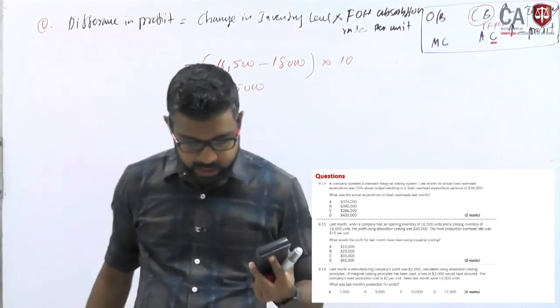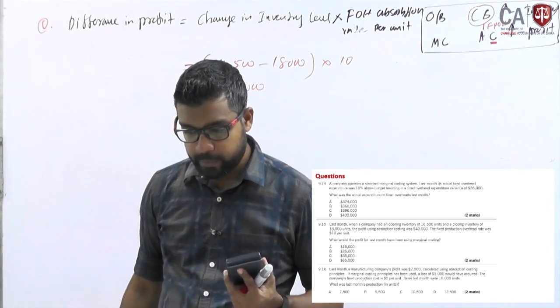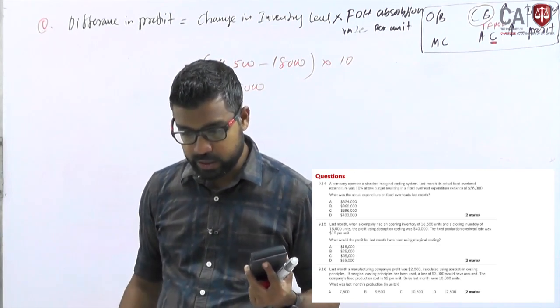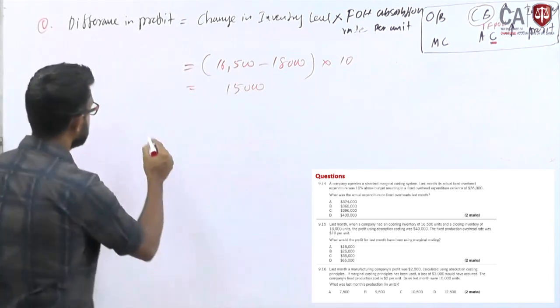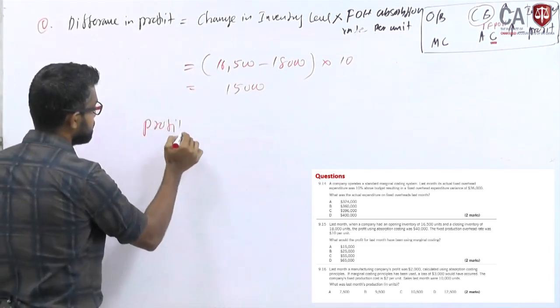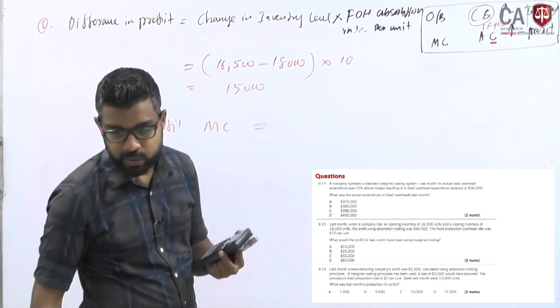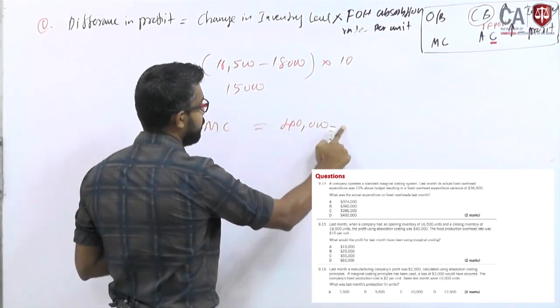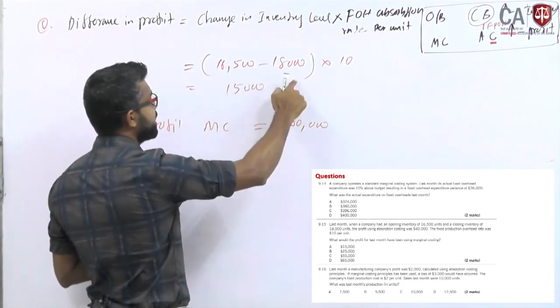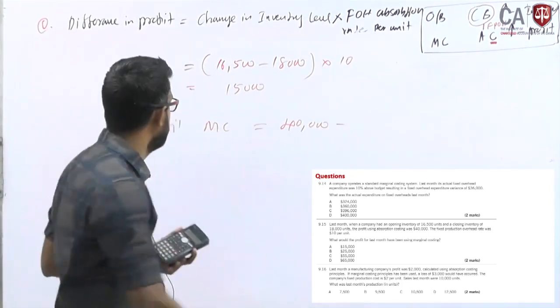Now, what they have given us is the profit using the marginal costing system. How much? Absorption costing profit is 40,000. Since inventory has reduced, marginal costing profit should be 15,000 lower.